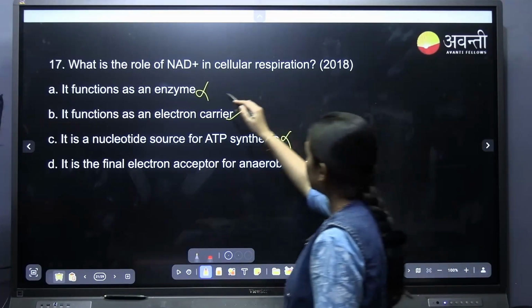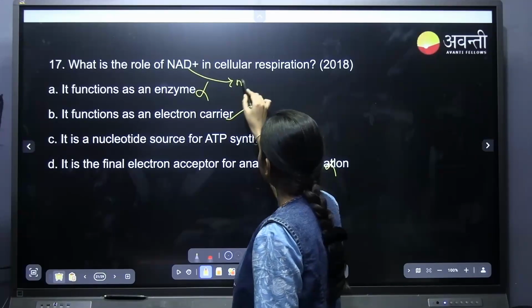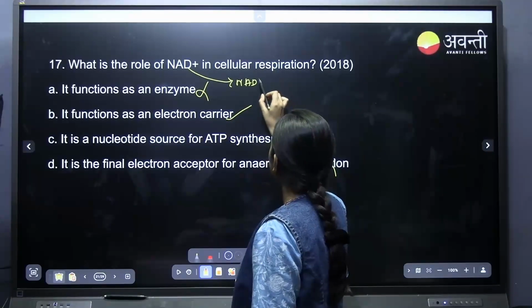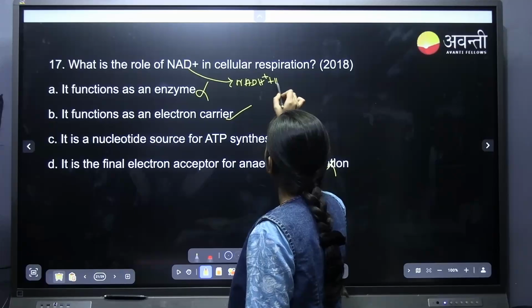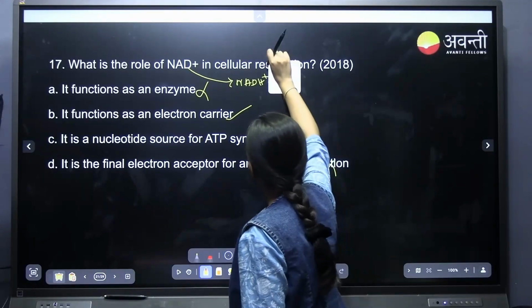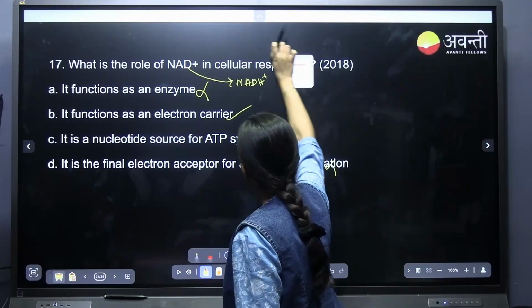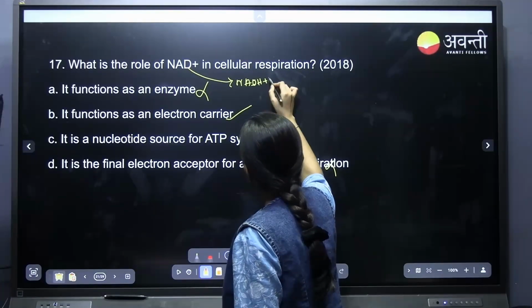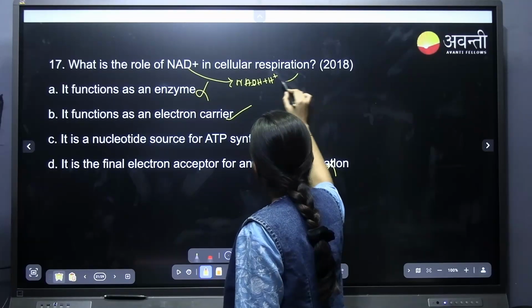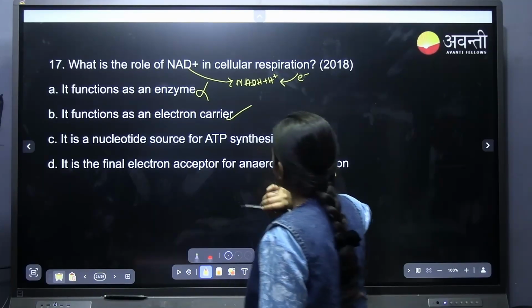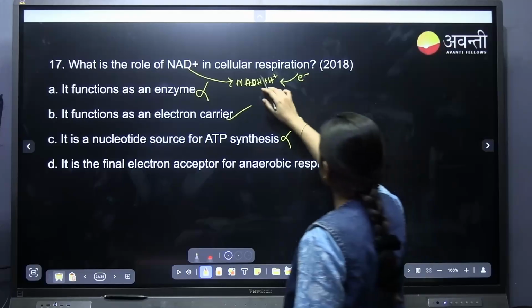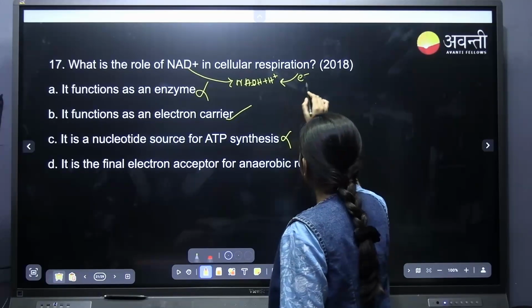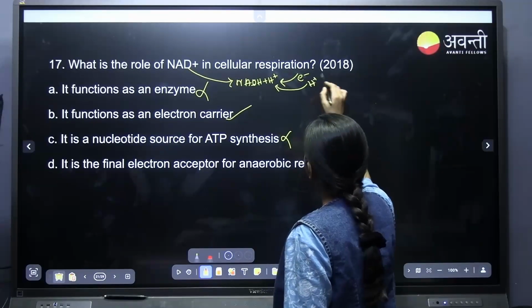Actually NAD plus is converted to NADH plus H plus. They receive electrons. Understood? They take up electrons from the system as well as H plus ions.